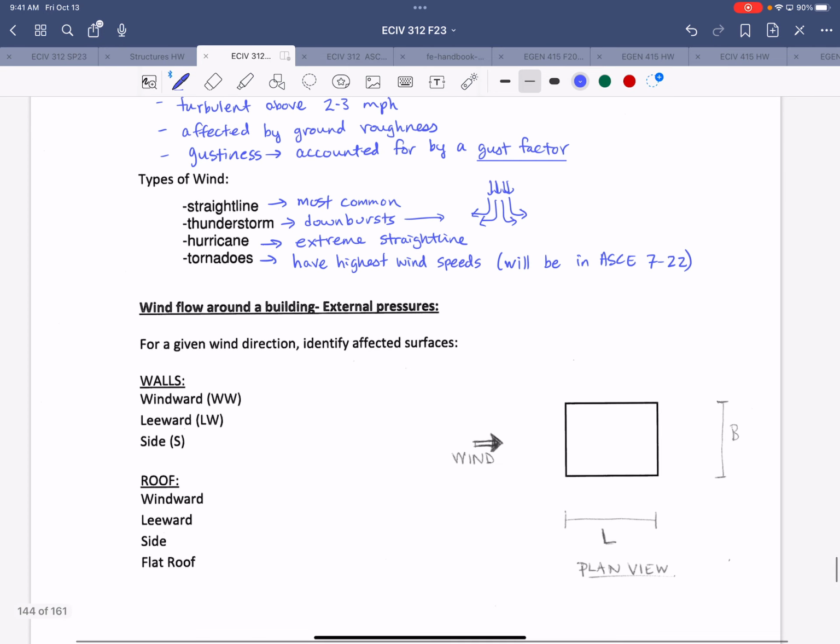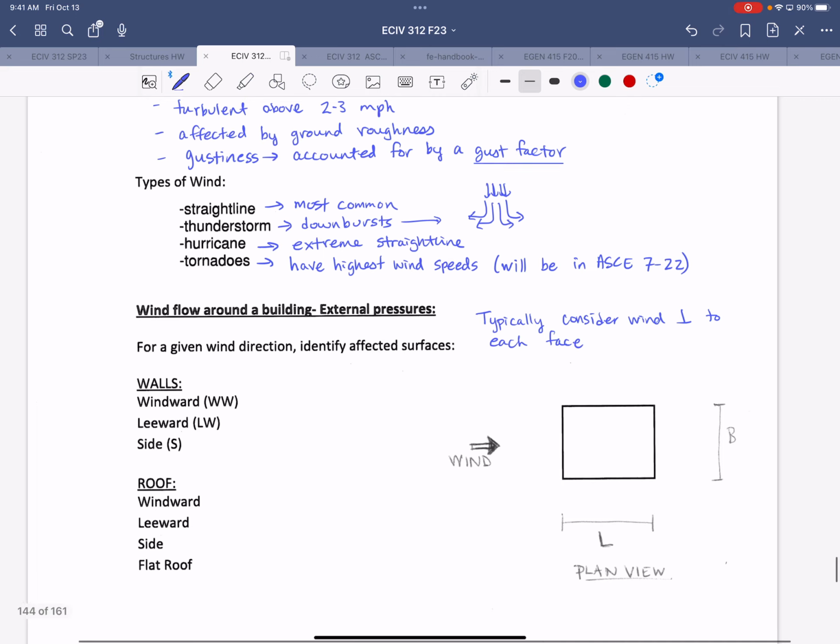All right, so now we'll describe wind flow around a building. We already talked about this a little bit on the previous page. For a given wind direction, we typically consider wind perpendicular to each face. Those would be separate analyses.